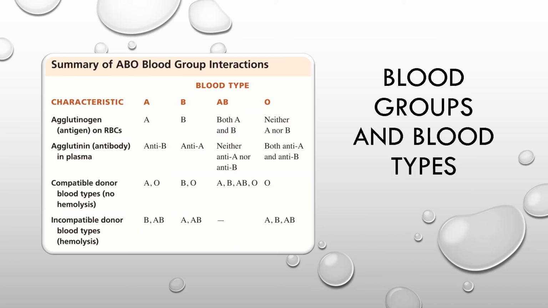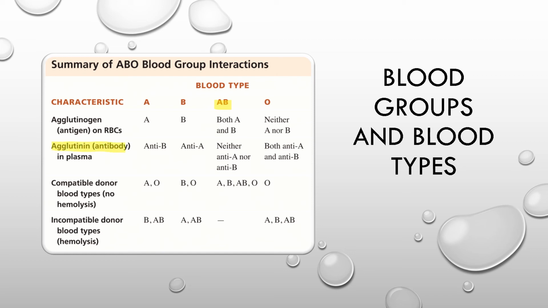Now, despite the differences in red blood cell antigens reflected in these blood group systems, blood is actually the most easily shared of all the human tissues. So people with AB blood type don't have any anti-A or anti-B antibodies in their blood plasma.